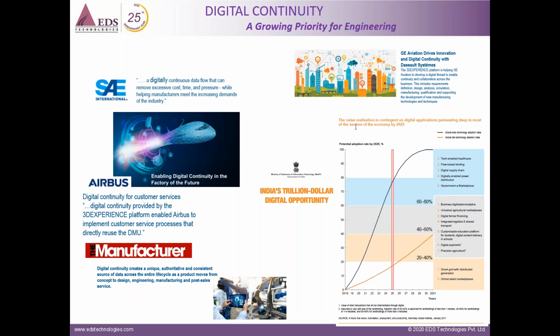Similarly, GE Aviation has adopted Dassault Systems' 3DEXPERIENCE platform. And then all the manufacturers, like today people are looking for real-time production planning and scheduling, and they are looking at gadgets, they are looking at multiple devices to connect and control the manufacturing execution.